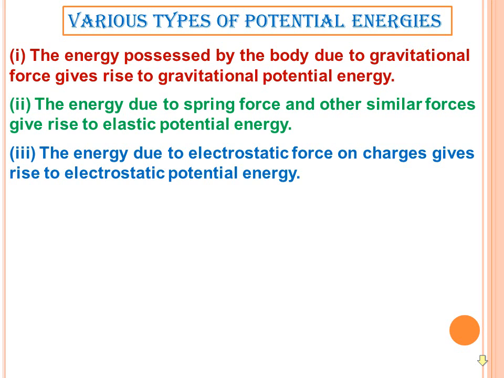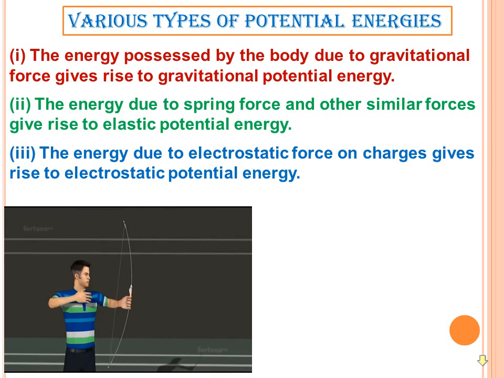The energy due to electrostatic force on charges gives rise to electrostatic potential energy. See, in this picture, the stored energy of a position is referred to as potential energy. Similarly, a drawn bow, as you can see in this picture, is able to store energy as the result of its position.